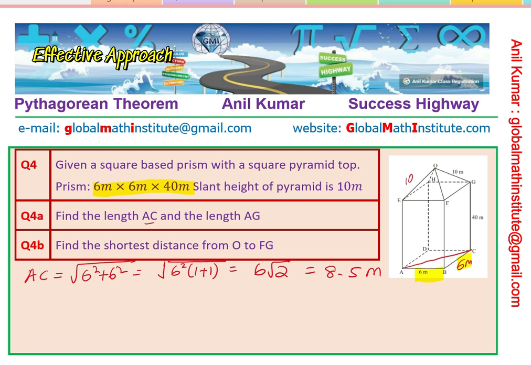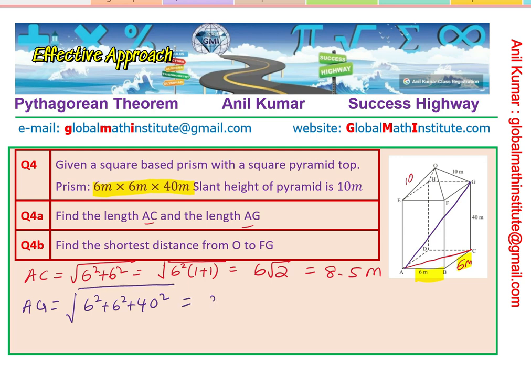So we've done AC. Now let's do A to G. A to G is from here to there, right? So it's a long diagonal. Now remember this, that AG is equal to the square root of 6 squared, 6 squared, and 40 squared, right? That is a shortcut which you could use in such a case.